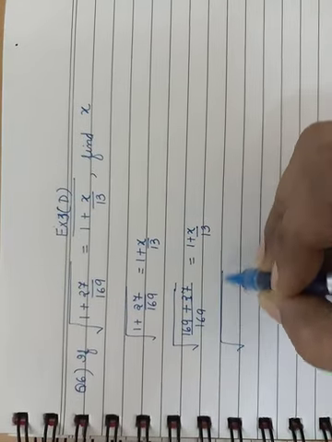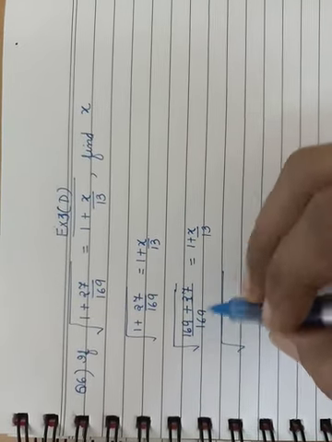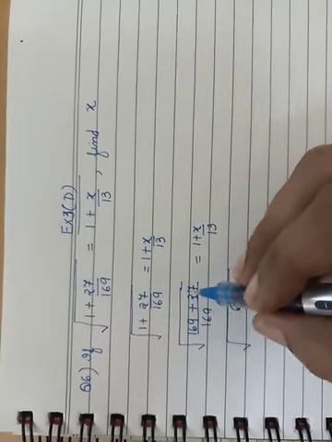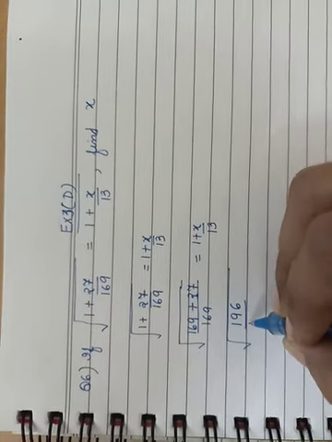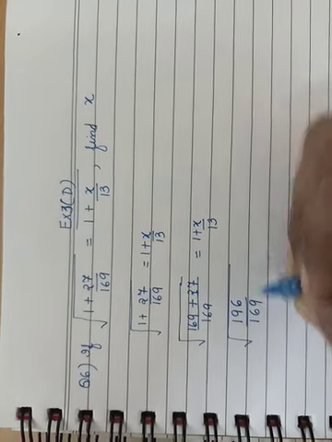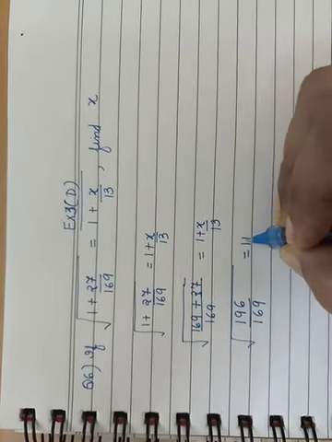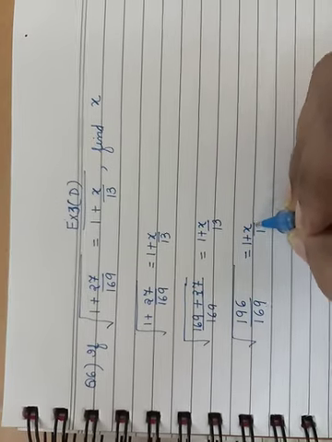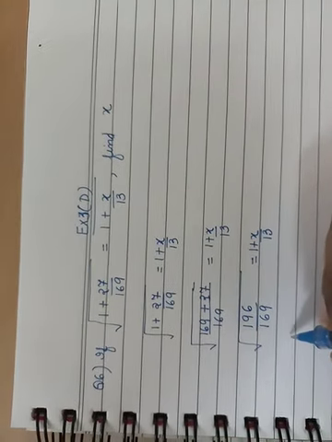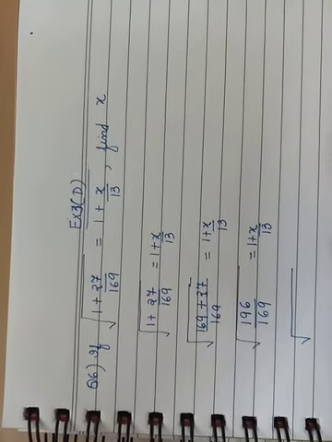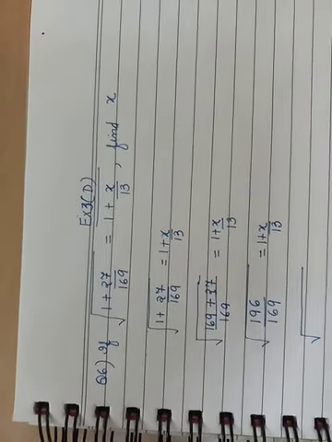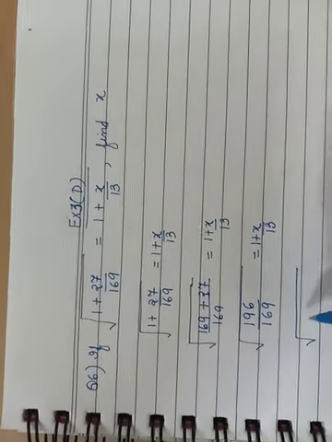Now when you add this, you will get 9 and 7 16, 6 and 2 8 and 1 9, and 1 upon 169 is equal to 1 plus x by 13. This is a square root of 1, as I asked you to learn the squares from 11 to 30, that makes your calculation easier.